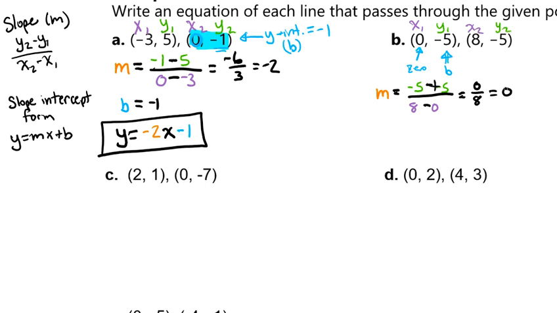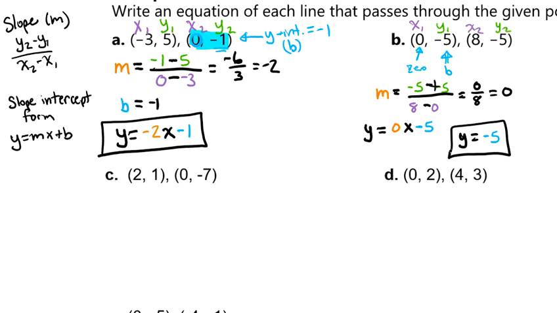Now we can plug this into our slope-intercept form. y equals mx, and we have a negative 5 for our b. And 0 times x is 0, so we can just rewrite this as y equals negative 5. And we're done. If it gives you your y-intercept as a point, you can still use that as your b value. It makes it a fast equation to write.